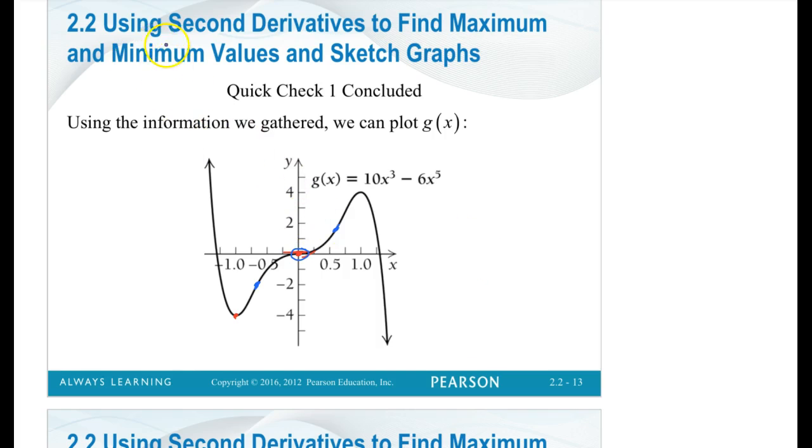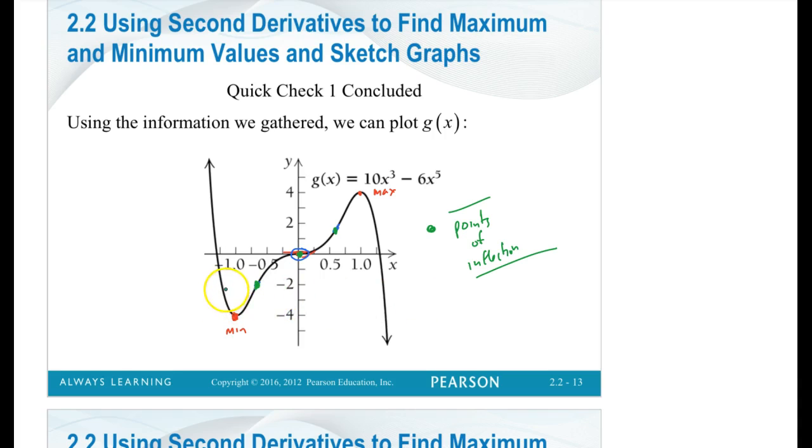This comes back to the graph from Quick Check 1. So we have the points of inflection here. I'll put it in green. Points of inflection in green, and that's different than what we call our max and min points with the first derivative test. So this is a min. Here was a max. But the points in green are points of inflection, and that's where the concavity changes.